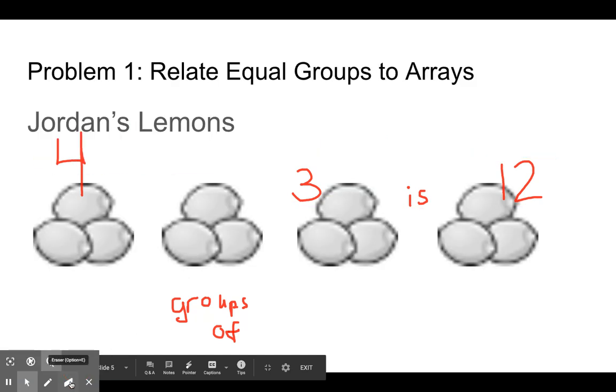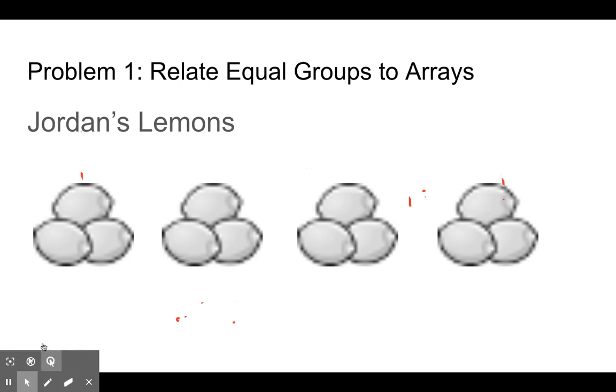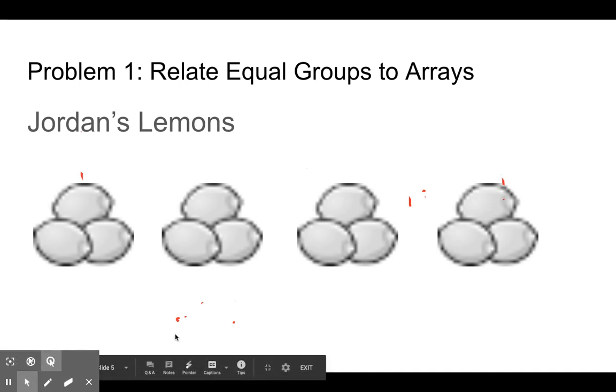Okay, so, right, the first thing we did was we used Jordan's lemons. Now what I want you to do is, instead, you might not have used this way to solve the problem. If you did, then good for you.